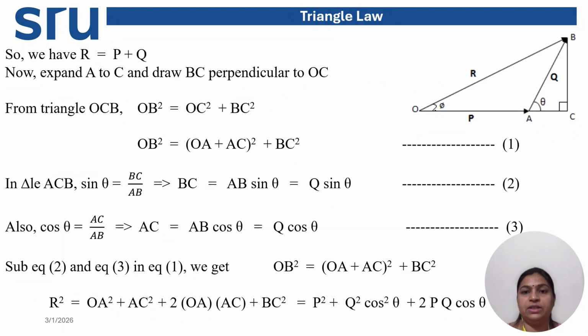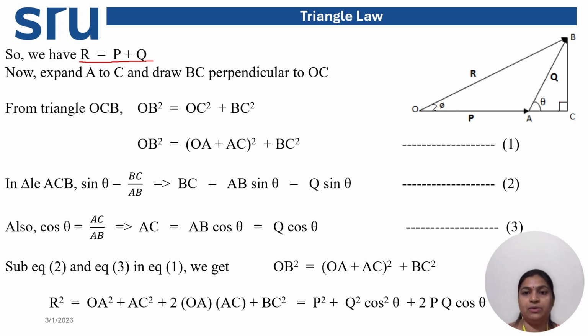From the vector addition, in the triangle we have vectors OA, AB and BO, so the resultant R is equal to P plus Q. Now, to find the resultant vector R in terms of P and Q, we extend OA up to C and draw the perpendicular BC, perpendicular to OC.